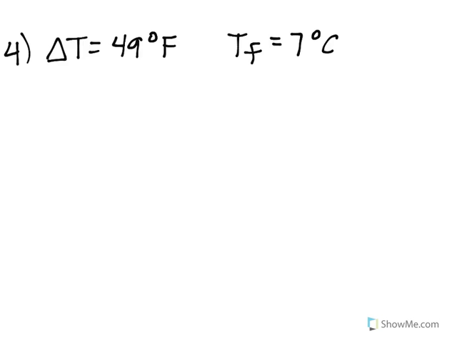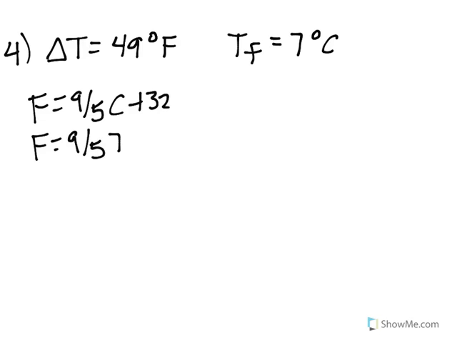The first thing I can do is take this final temperature here, which is in Celsius, and convert it to Fahrenheit. So I do that using the formula. And if I plug in 7 for my degrees Celsius, I get that final temperature in Fahrenheit is 44.6 degrees Fahrenheit.